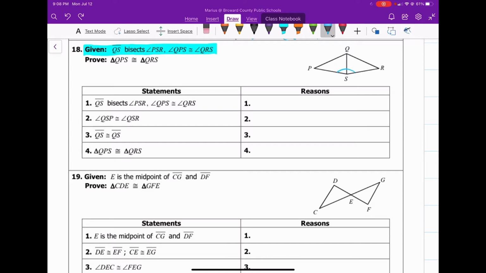They also tell us that angles QPS and QRS are congruent, so we have to do those markings as well. As a matter of fact, I'm going to color code these markings. The first ones I'll do in blue. The next ones I'll do with the orange, which are right here.